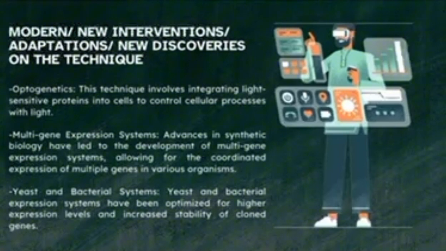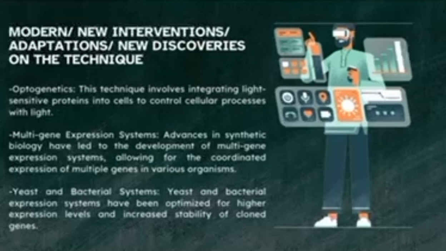Second is multi-gene expression systems. So what are multi-gene expression systems? Advances in synthetic biology have led to the development of multi-gene expression systems, allowing for coordinated expression of multiple genes in various organisms.